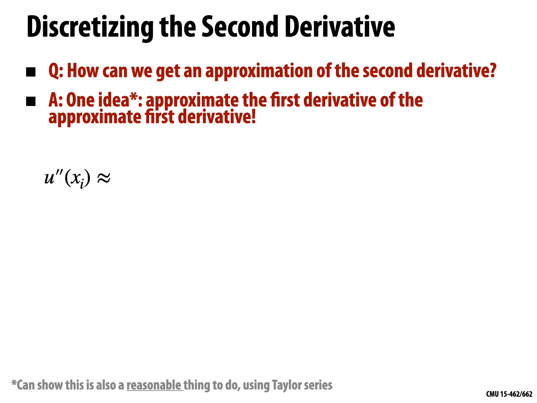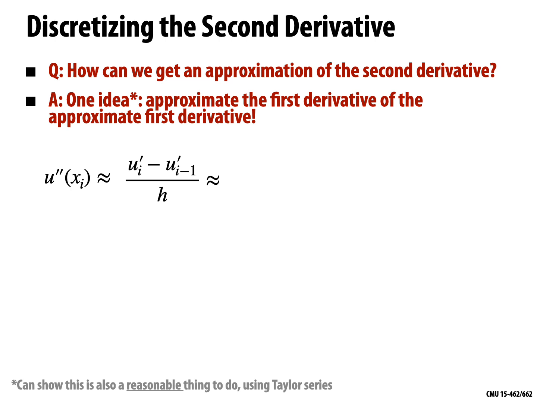So we might say the second derivative at xi is approximately equal to, well, the difference between the derivative at ui and ui minus 1. Shifted things slightly so that we end up with a nice expression. Okay.